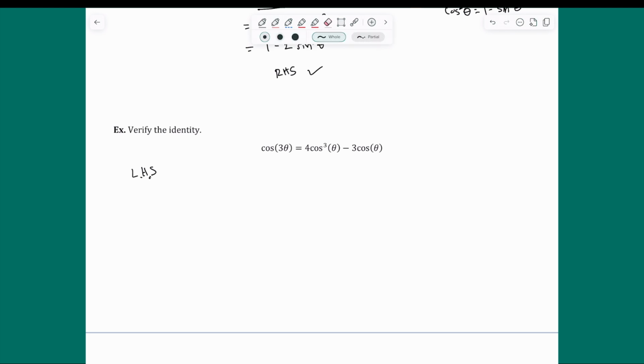So, for instance, cosine of 3 theta is the same thing as cosine of 2 theta plus theta. Okay, and now we could use the sum angle identity for cosine, which says this is the same thing as cosine of 2 theta times cosine of theta, and then it switches signs to minus sine of 2 theta times sine of theta.